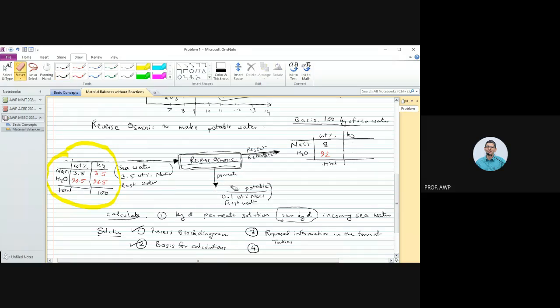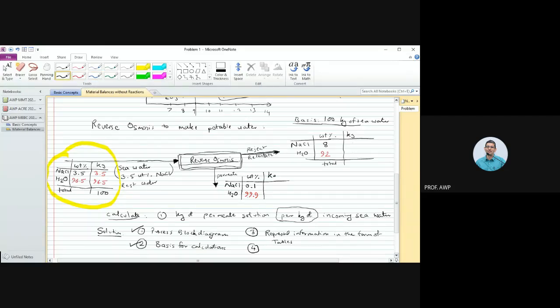Same way, now the permeate stream, let's make a table for that as well. The permeate stream is going to again contain sodium chloride. It is going to contain water. In terms of weight percent, we said that the sodium chloride content in the permeate is 0.1%, right? And therefore, the water content would be 99.9 weight percent.